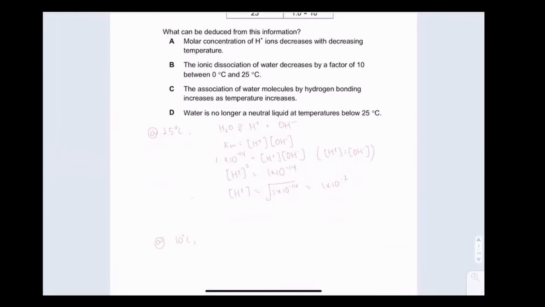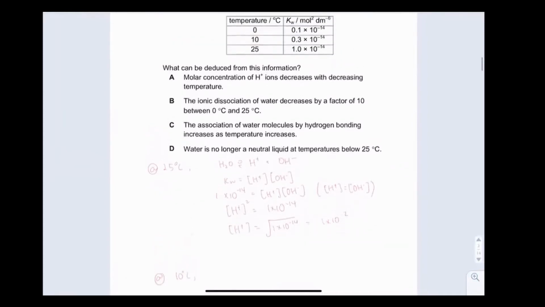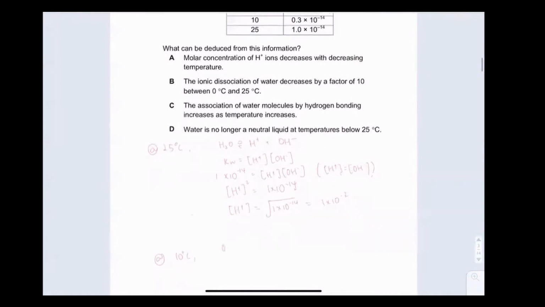At 10 degrees Celsius, the Kw is equivalent to 0.3 times 10 power negative 14. And this is equivalent to concentration of H plus squared, because like we were saying, concentration of H plus is equivalent to the concentration of OH minus.